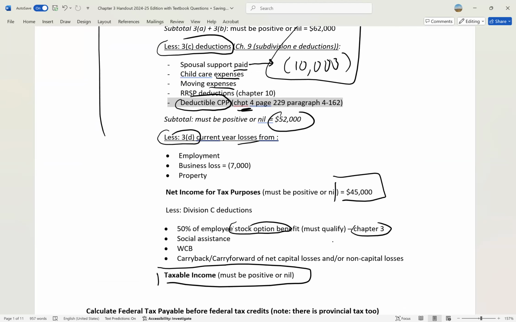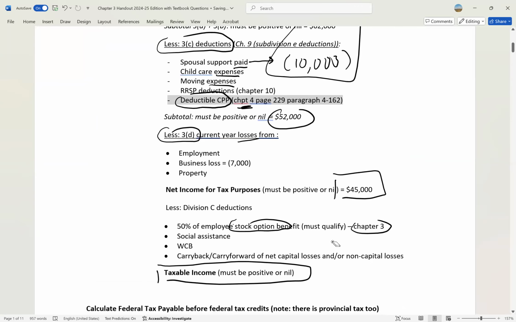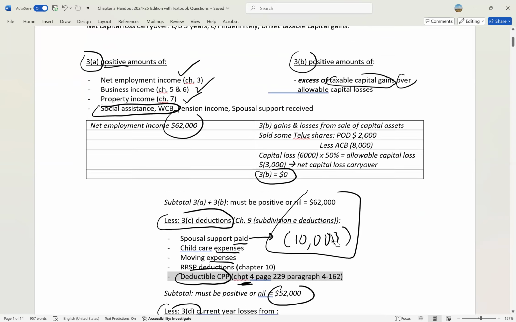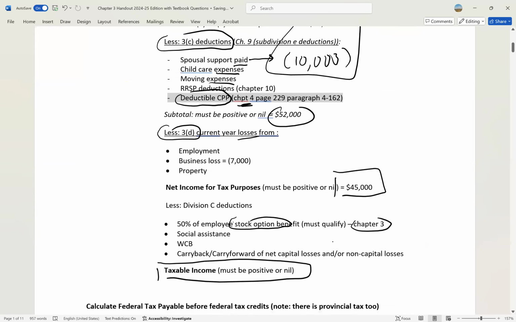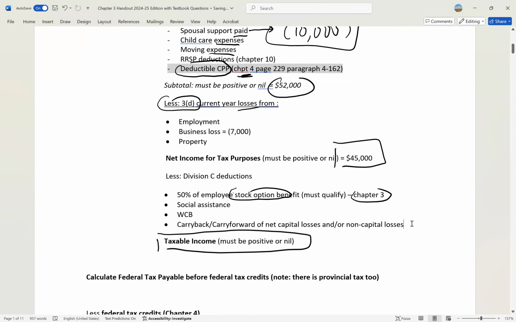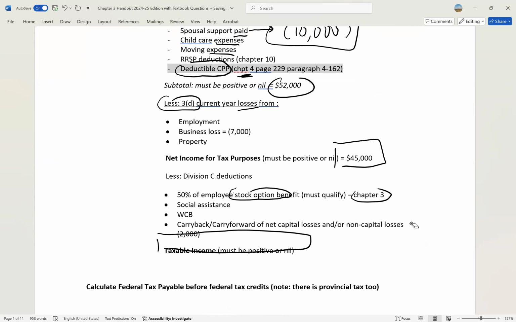So this individual has net income for tax purposes of $45,000. And one of the things they can deduct now is this non-capital loss. Remember this non-capital loss that they had at the beginning of the year, which stemmed from an earlier year? It's not mandatory, it's discretionary, but they could deduct that $2,000 non-capital loss here, and that would bring their taxable income down to $43,000.